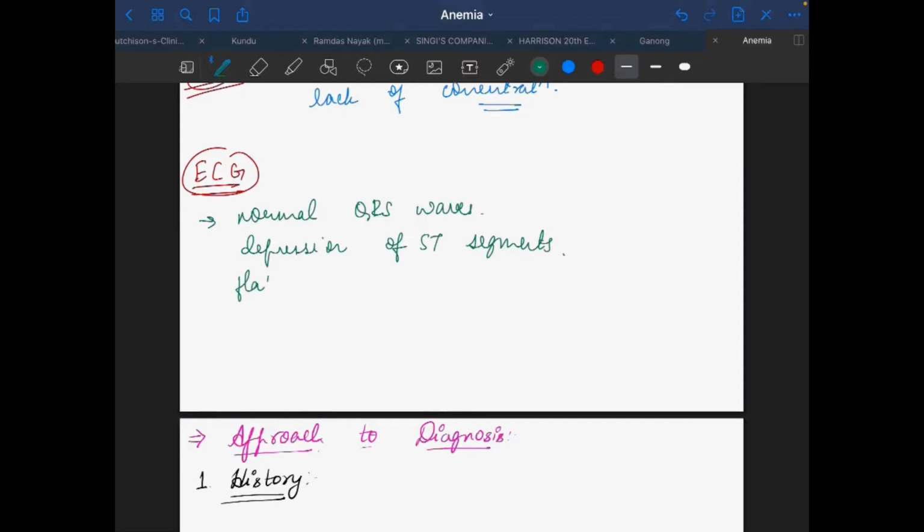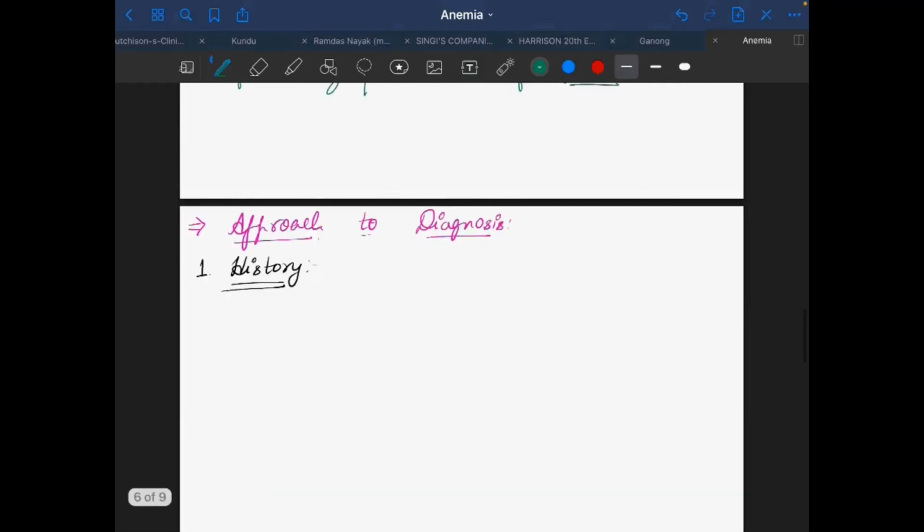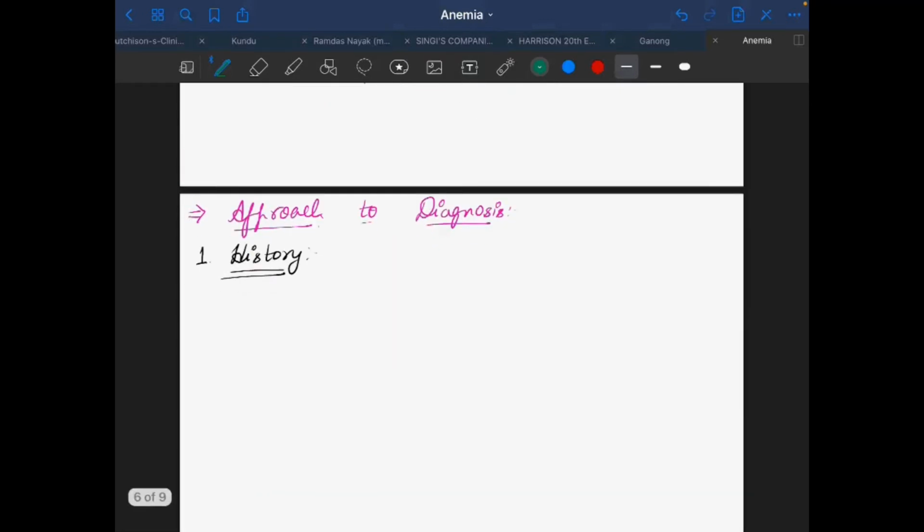There might be flattening or inversion of the T waves. Normal QRS waves, depression of ST segments, flattening or inversion of T waves are the general ECG findings in a child having anemia.